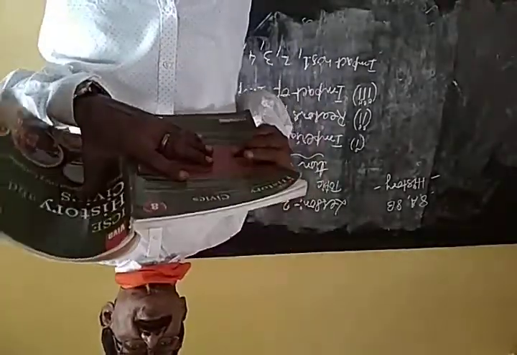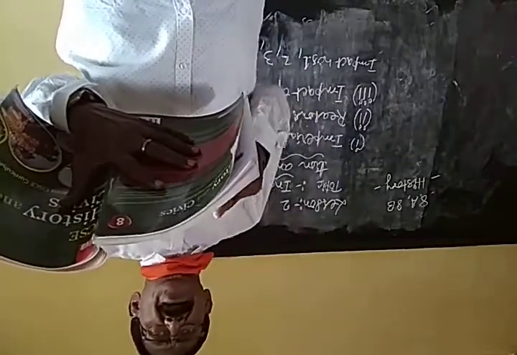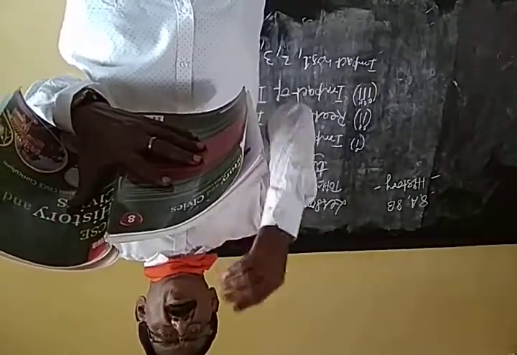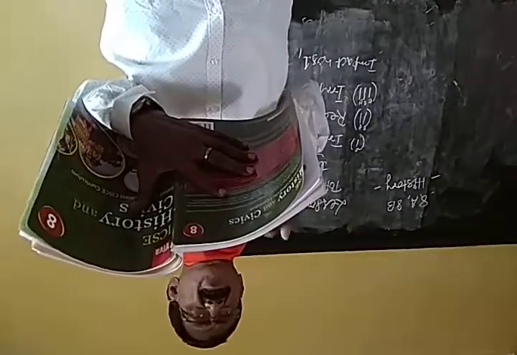So both the concepts, colonialism and imperialism, gave birth to a new concept, that was growth and development in the industrial era, in the Industrial Revolution, by the powerful countries of the world.